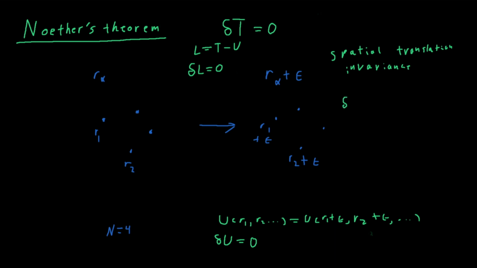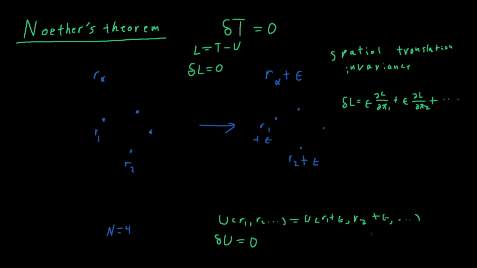So the change in L is equal to epsilon, here, I'll write it like that, keep it consistent, epsilon times dL over dx1 plus epsilon dL over dx2 plus and so on.